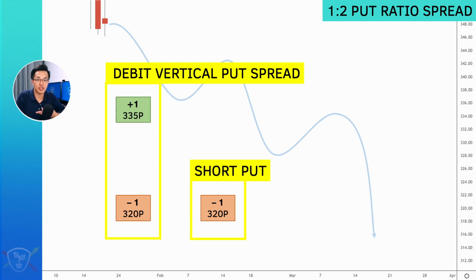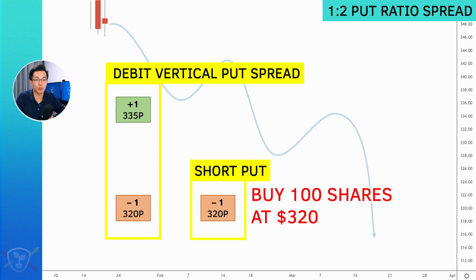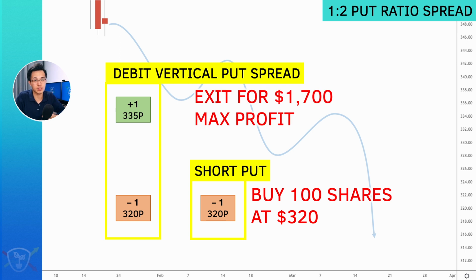Since this is already a share that I intended to buy at $320, I will simply allow the short put to be assigned and I will be obligated to buy 100 shares at $320. And at the same time, I will close the debit put spread at the maximum profit of $1,700.